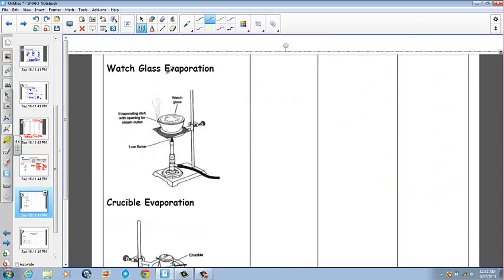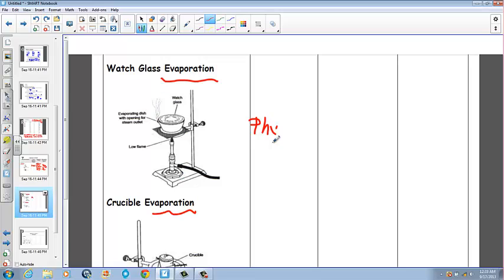Another technique would be evaporation. Now there are two ways you can do this, either using a watch glass or a crucible. Either way, both techniques are physical. What happens here is we are separating the solute.